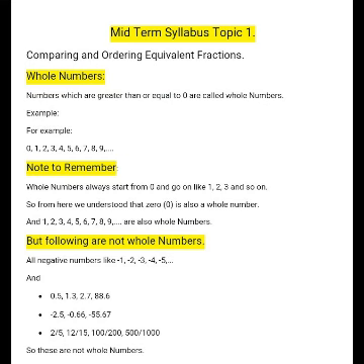So these numbers are not whole numbers. If we see numbers written in the following type: 0.5, 1.3, 2.7, 88.6, minus 2.5, minus 0.66, minus 55.67, such numbers are not whole numbers.